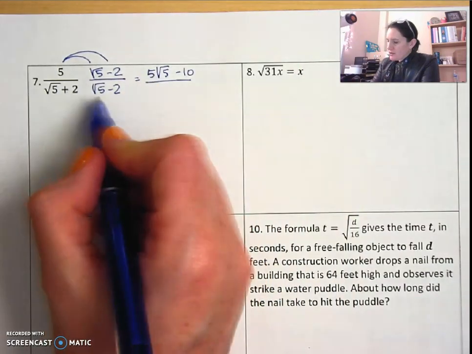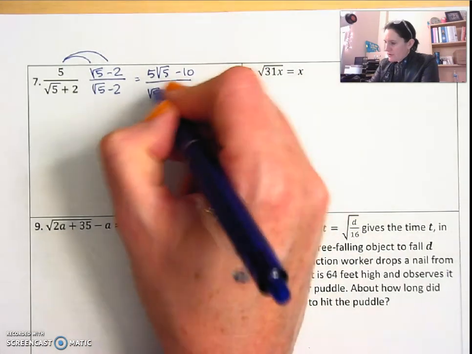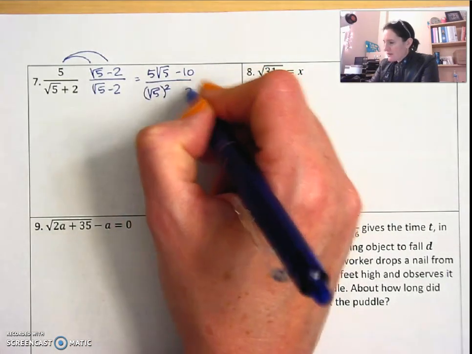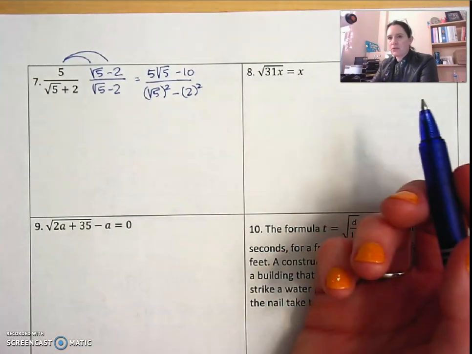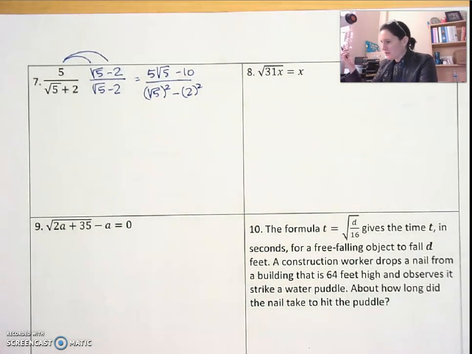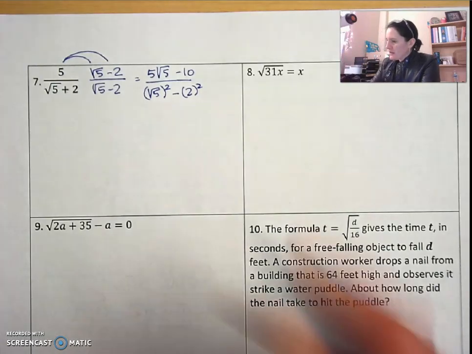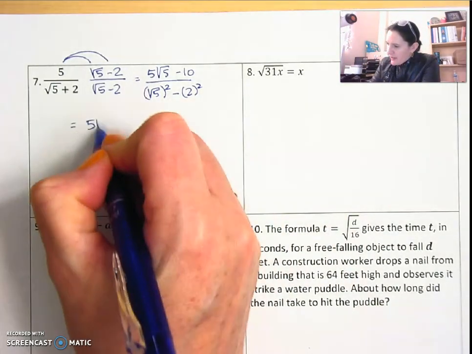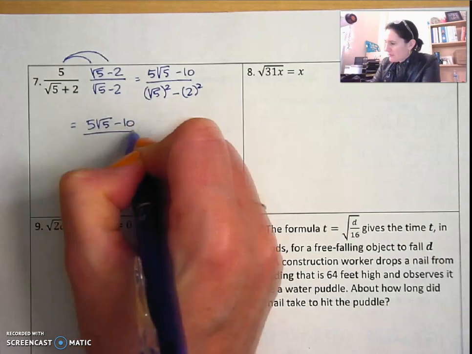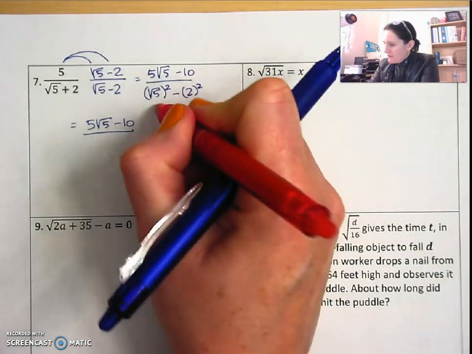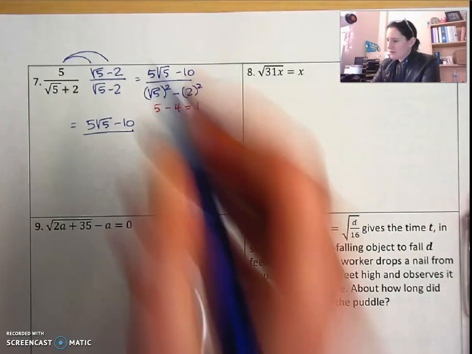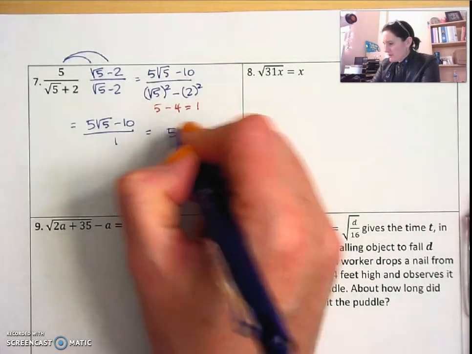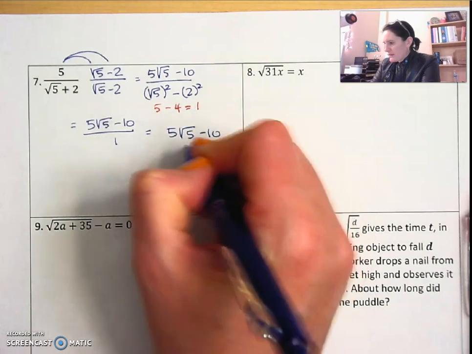And this is the shortcut where you square the first term, square the second, and subtract. That's our difference of two squares, just the opposite direction from when we were factoring. So that gives me 5 radical 5 minus 10 on top, and on the bottom I have 5 minus 4, which is 1. So that's 1, or just 5 rad 5 minus 10.